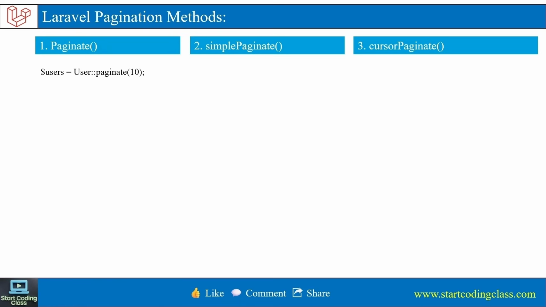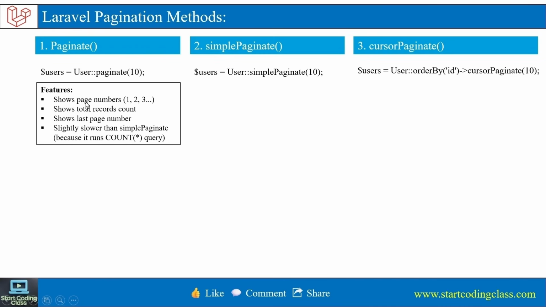If I talk about simple paginate, in place of paginate you have to write simplePaginate, and inside the brackets as a parameter you send the number of records. And for cursor paginate, it is like this: orderBy id and cursorPaginate with the number of records. With paginate, we show the records like 1, 2, 3, previous button, next button, and the page number.